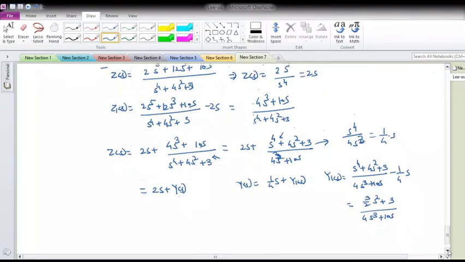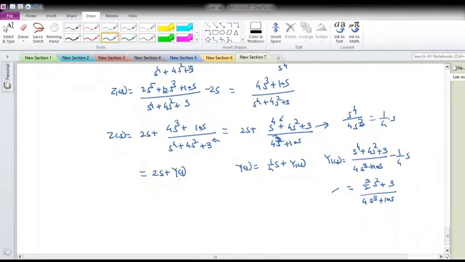Now what will be my next step? You invert it again. First I got 2s, then 1 by 4s, then you invert, and you will get Y2 of s. So this again, if you invert, let me call it Z2 of s. Now Z2 of s, when inverting, will become 4s cube plus 10s divided by 3 by 2s square plus 3.